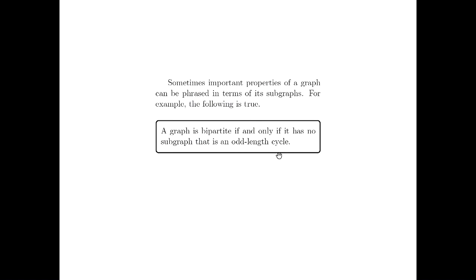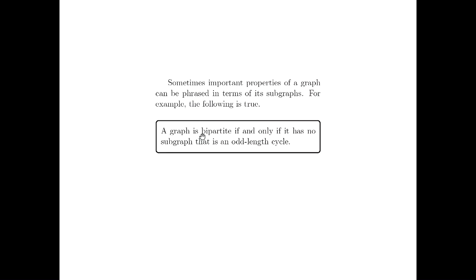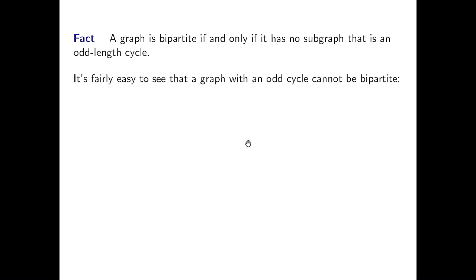So I'm going to prove half of this for you now. If a graph contains an odd cycle, it definitely can't be bipartite, right? And the reason is this. Here's an odd cycle, for example. This is a cycle of length 7.